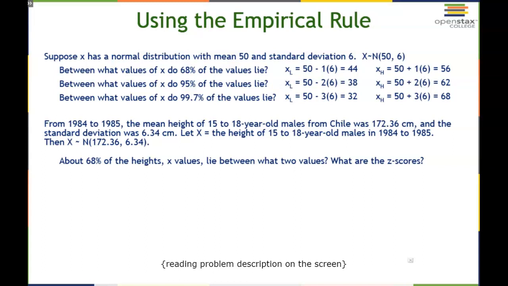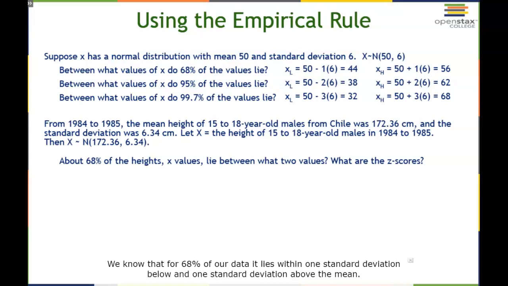About 68% of the values will lie between what 2 values? And what are your z-scores? Now you might think, oh my gosh, my z-scores, that's going to be another calculation. Oh, no, it's not. We know that for 68% of our data, it lies within 1 standard deviation below and 1 standard deviation above the mean.